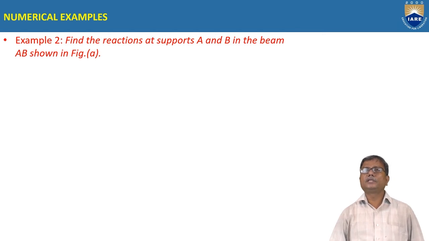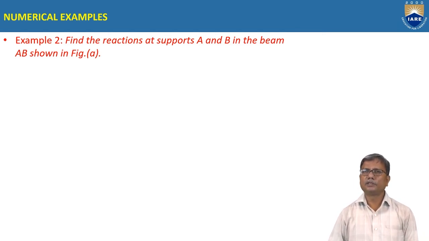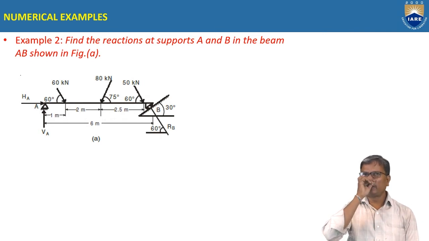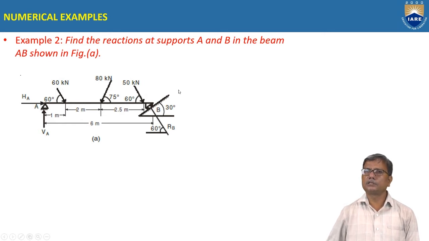Second example: find the reactions at the supports A and B in the beam AB, which is shown in the figure. What do you observe here? This is also hinged at A and supported on rollers at B, but not on a horizontal plane, on an inclined plane.